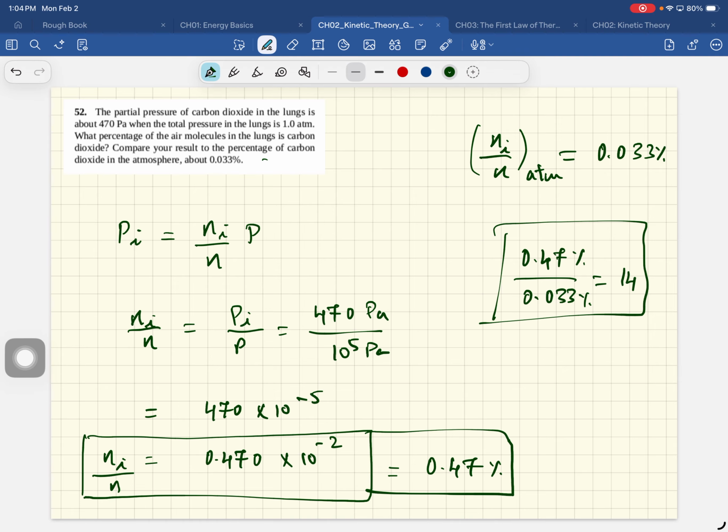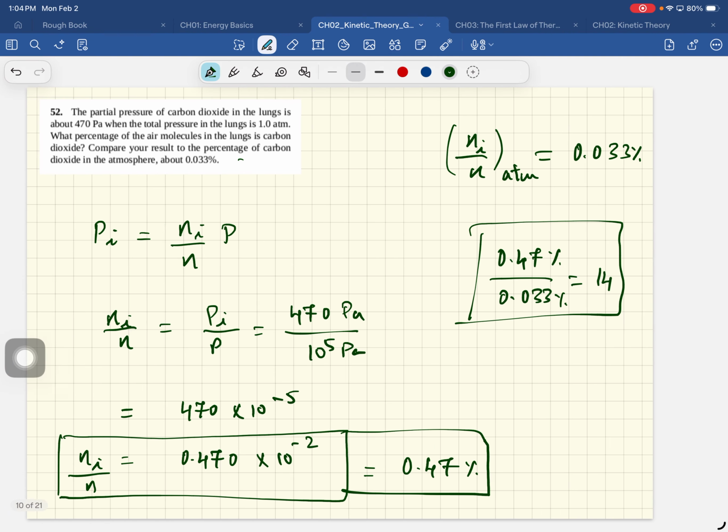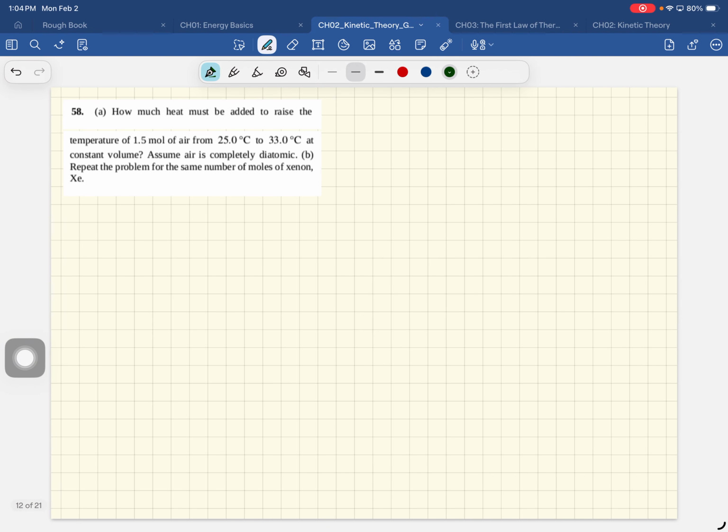In part B, repeat the problem for the same number of moles of xenon. For xenon, how many degrees of freedom does it have? 3. It's a monoatomic gas. Okay? So you see QV equal to N 3 halves R times delta T. Okay, so it takes more heat to heat up air than xenon by the same temperature.